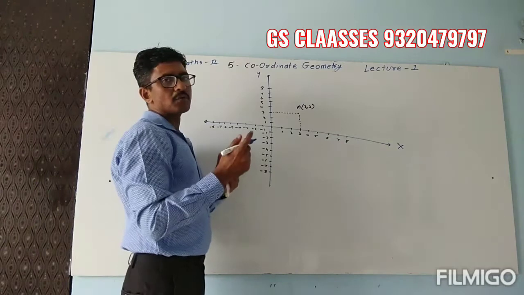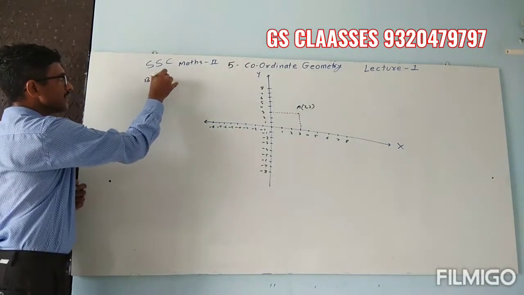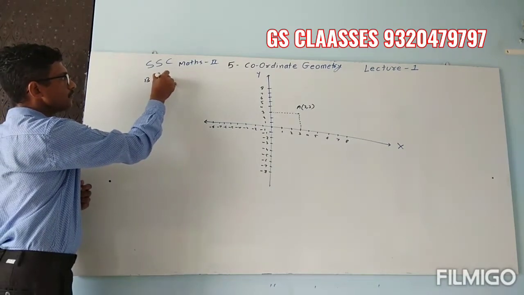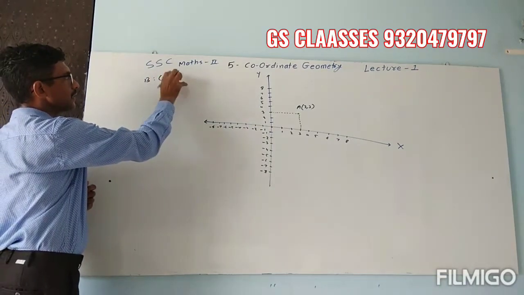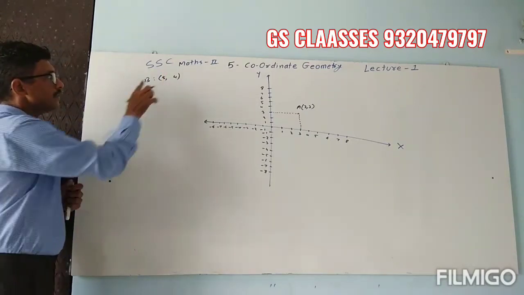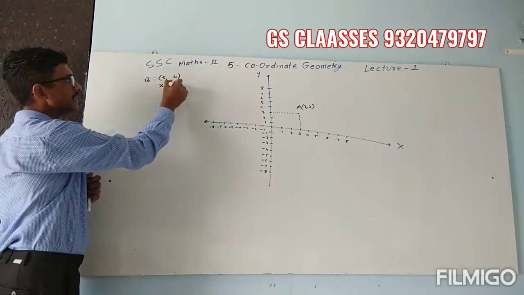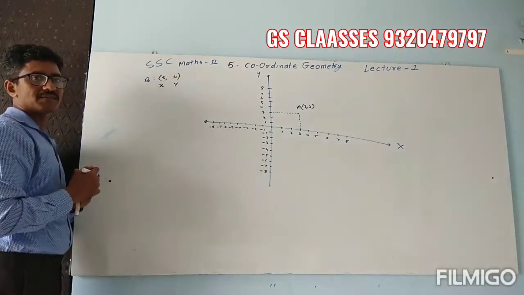Similarly, if I have to go to a point B which has the address (5, 4), this 5 indicates you have to move on the x-axis, and this indicates you have to move on the y-axis.